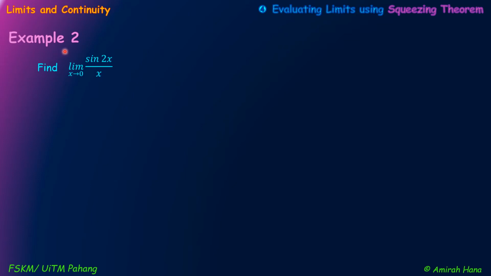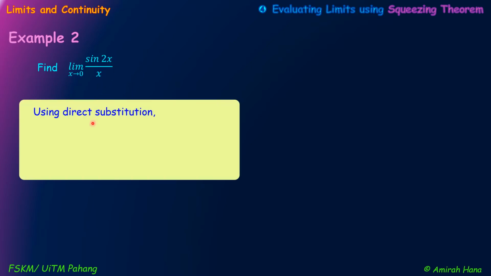How about example 2? Find limit as x approaches 0 of sin 2x over x. Let's say we use direct substitution. From the given question, we plug in 0 into variable x. So we will get sin 2 times 0 over 0. Then we have sin 0 over 0.